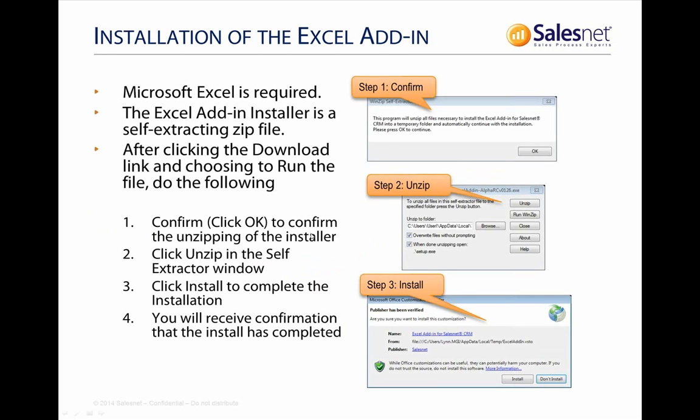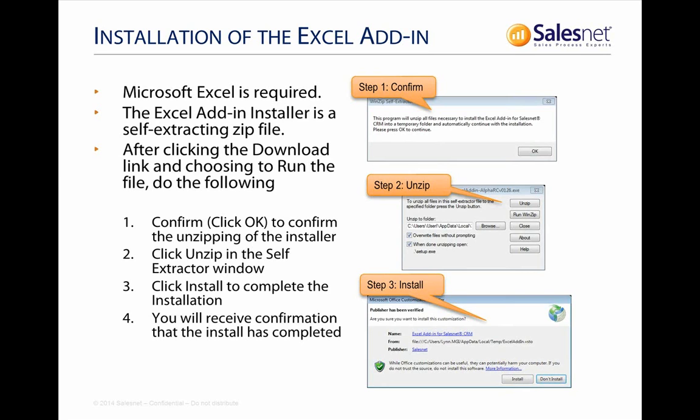Next, we're going to go over the basics of the installation. One requirement, obviously, is that Microsoft Excel must already be on your machine to use this add-in. The Excel add-in installer is a self-extracting zip file.